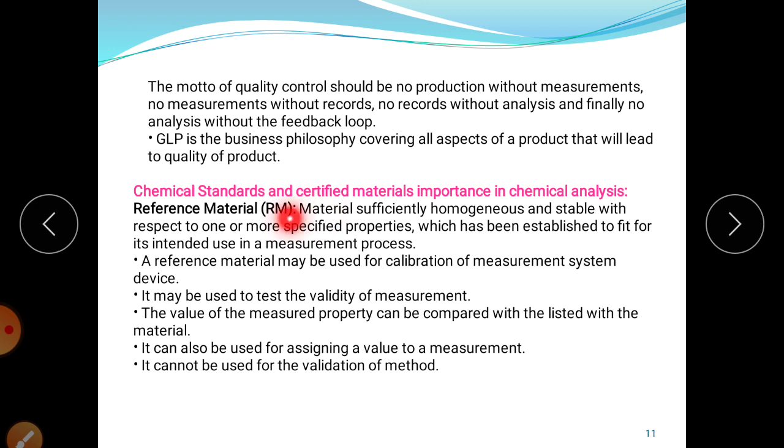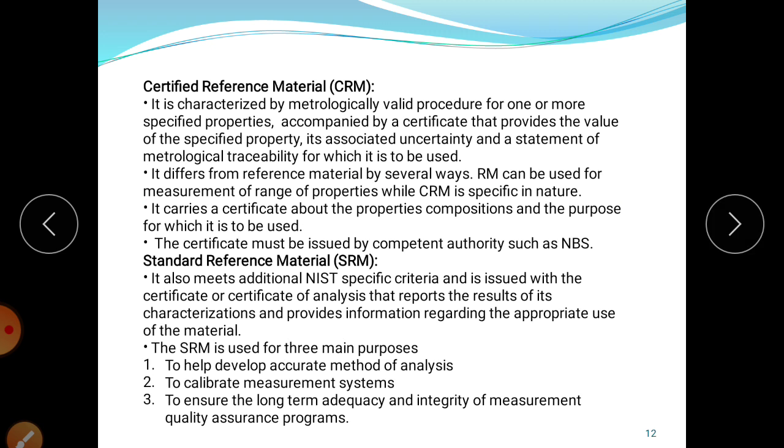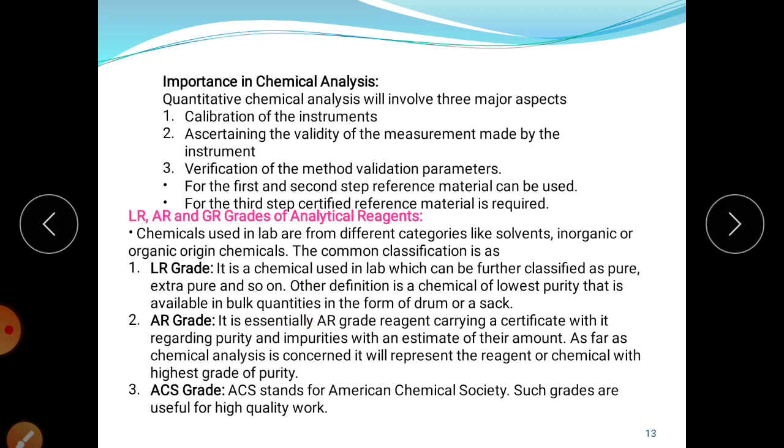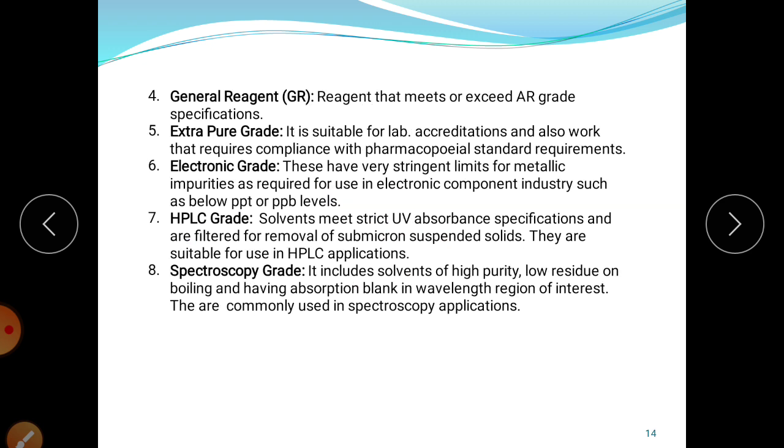In that we discussed first the reference material, certified reference material, and standard reference material, and their importance in chemical analysis. And at the last we discussed different grades of analytical reagent, that is LR grade, AR grade, ACS grade, general reagent grade, extra pure grade, electronic grade, HPLC grade, and spectroscopic grade.